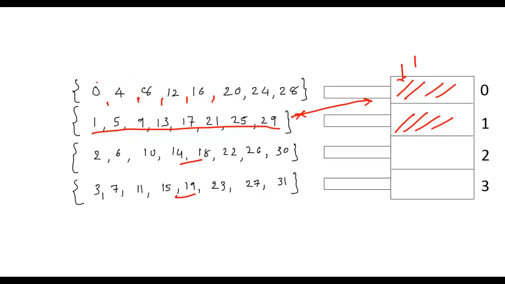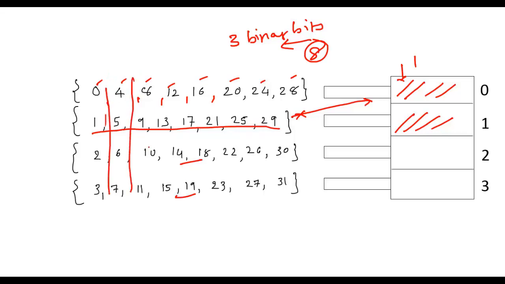In each category we have 1 2 3 4 5 6 7 8. So we have 8 blocks in each category, and to distinguish each block I will need 3 binary bits. So let's understand that these are the individual columns. Consider them as individual columns like this.